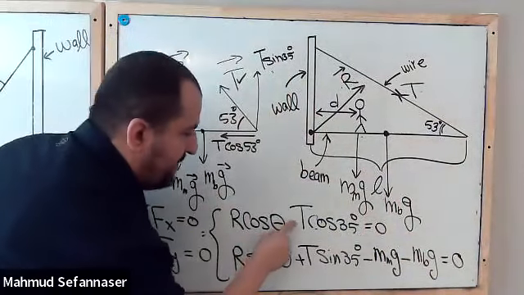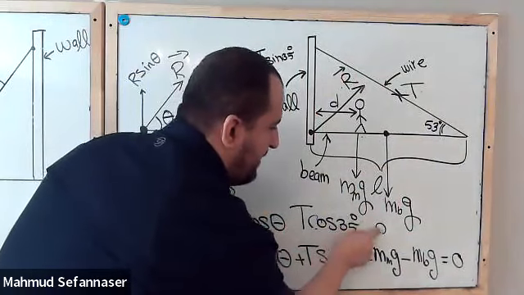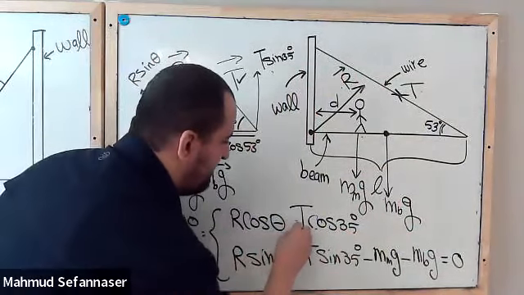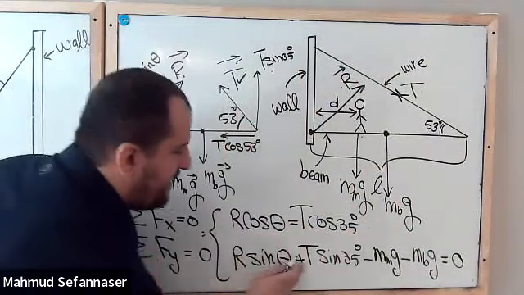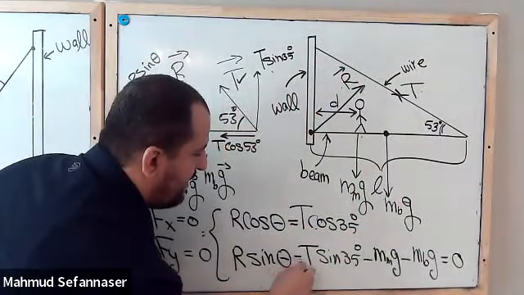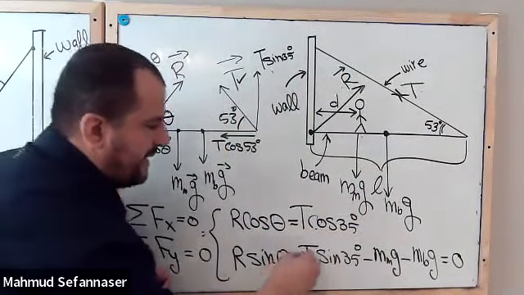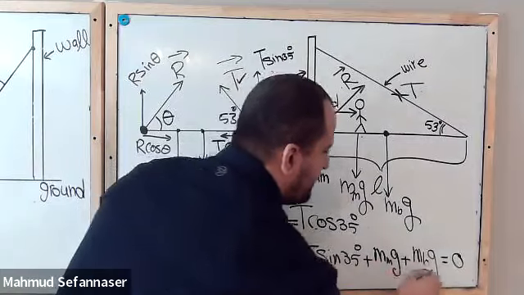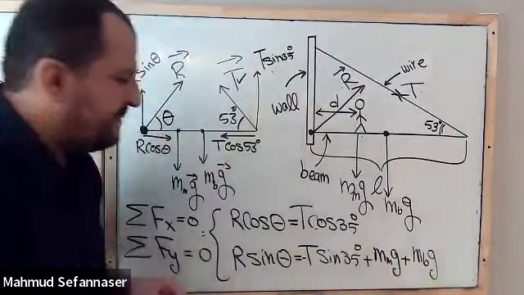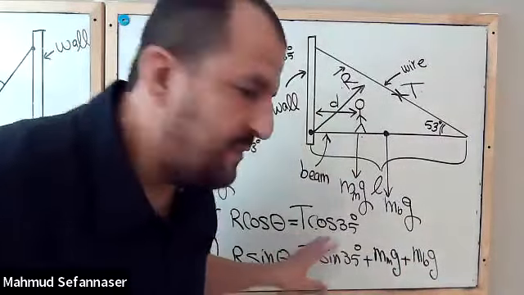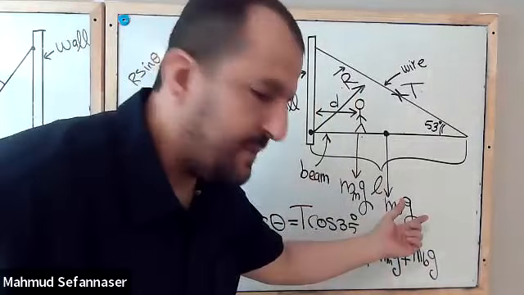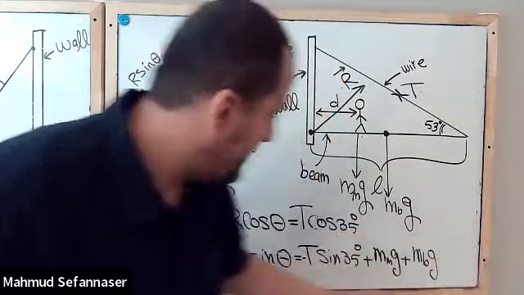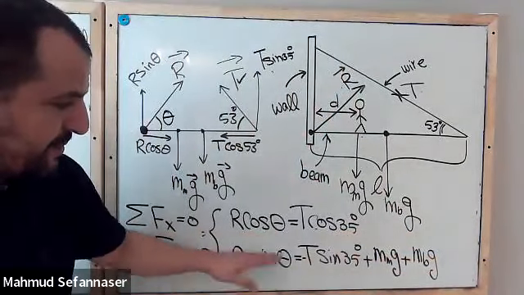If I do that, I will have here r cosine theta is equal to, and also here, r sine theta is equal to. So I will have a negative sign, positive, positive. I still have the same equations, but what I did was move this term to the right-hand side and move those three terms to the right-hand side as well. So that gave me those two equations.